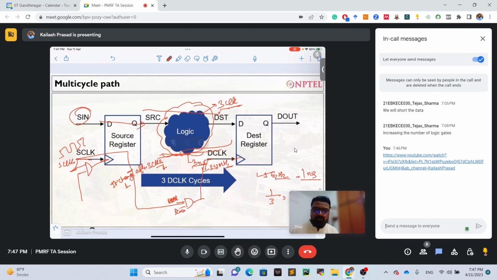Sir, there is also a doubt on a previous question. You told that if there is a hold violation in a fabricated chip, then we should dispose of it.